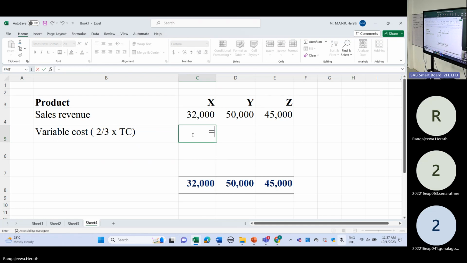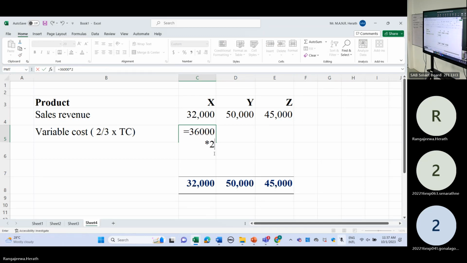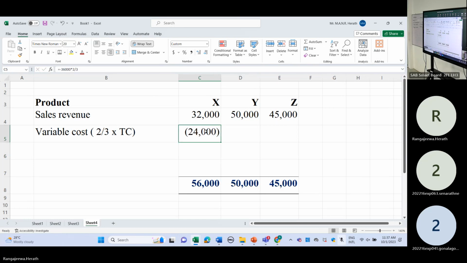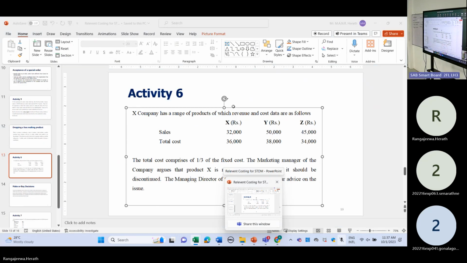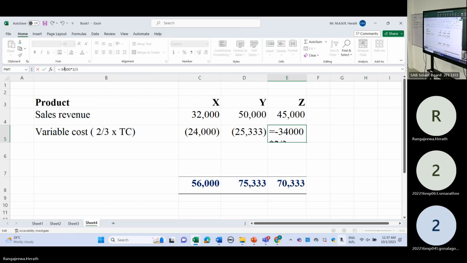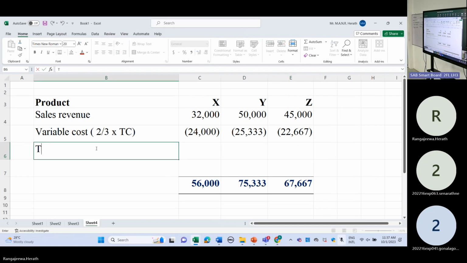You were given the total cost 36,000, then total cost 38,000, and total cost is 34,000. Now we can have the total contribution.